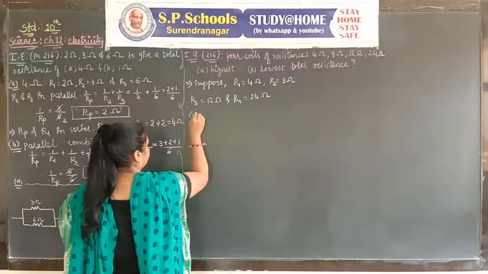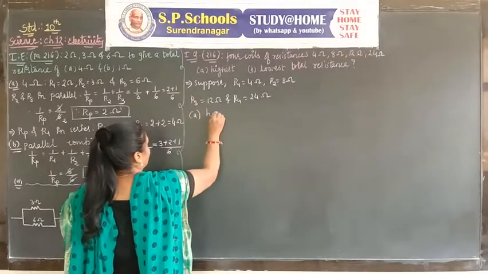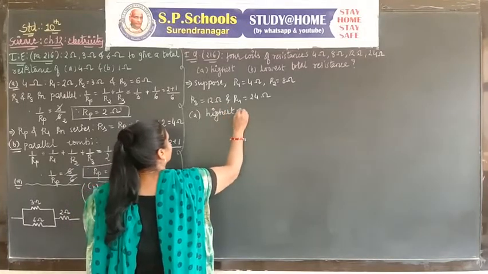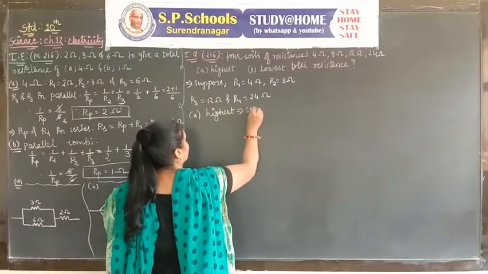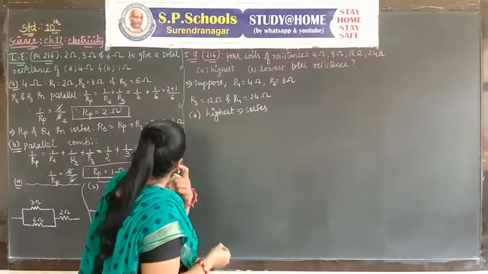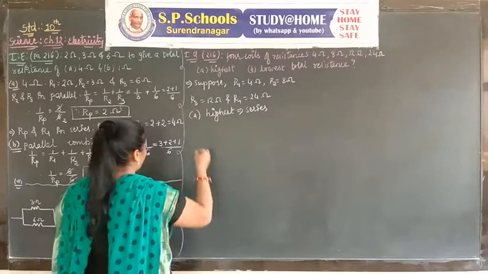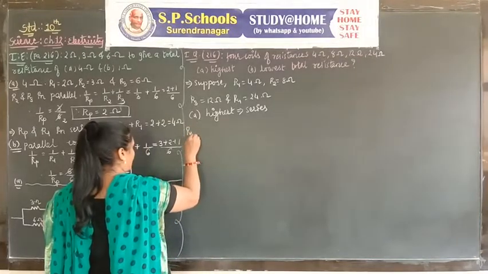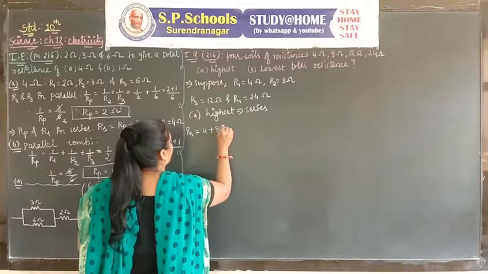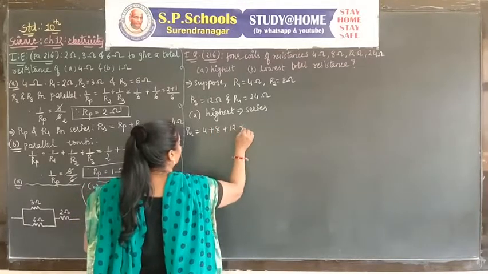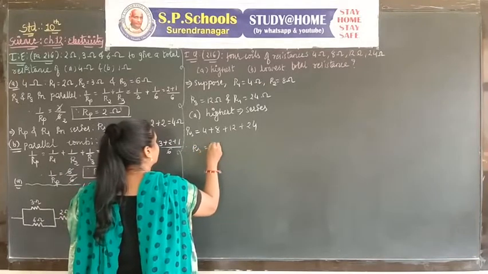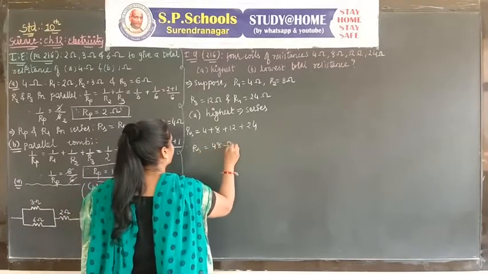We solve first to get the highest total resistance. We arrange all resistances in series. So equivalent resistance Rs is equal to 4 plus 8 plus 12 plus 24. So Rs is equal to 48.